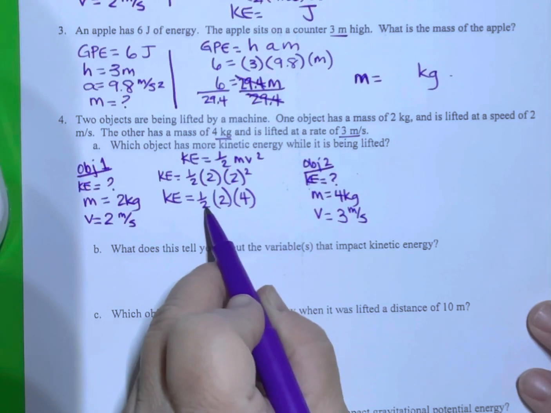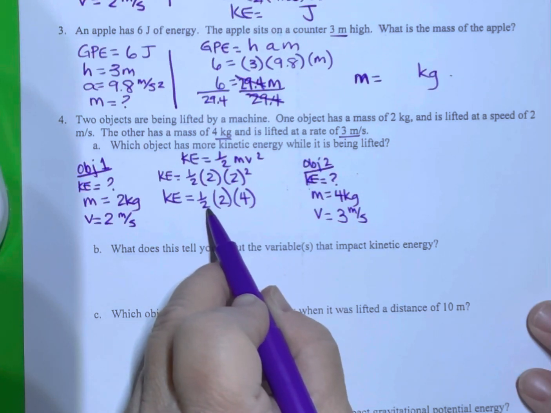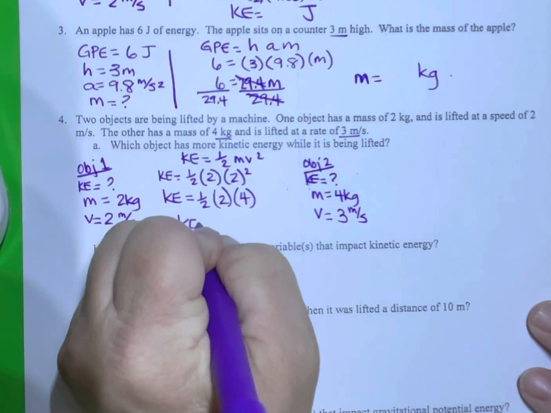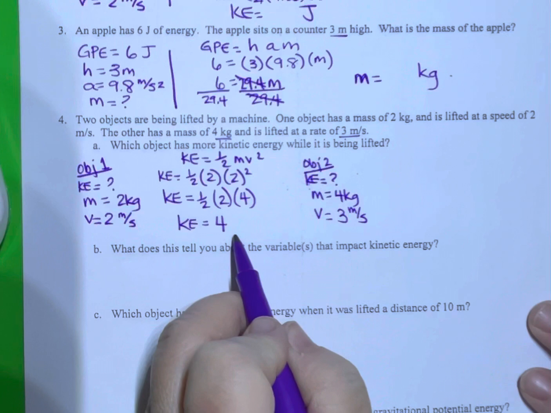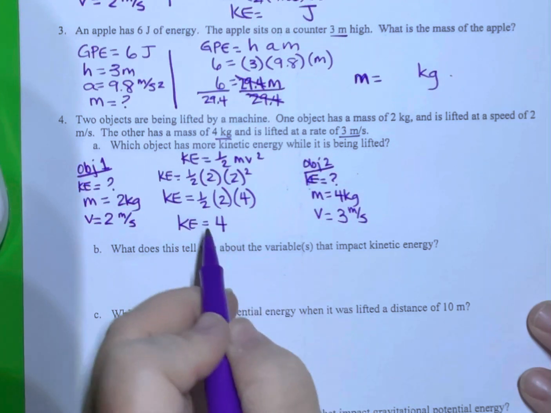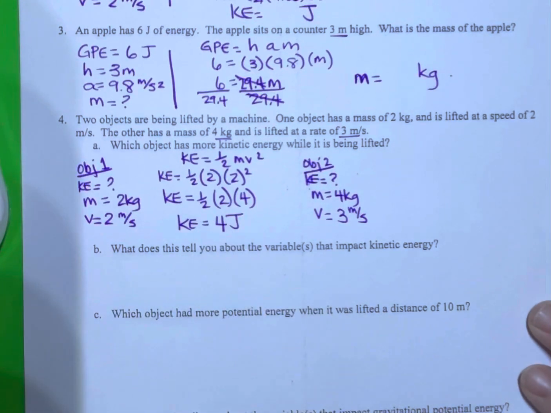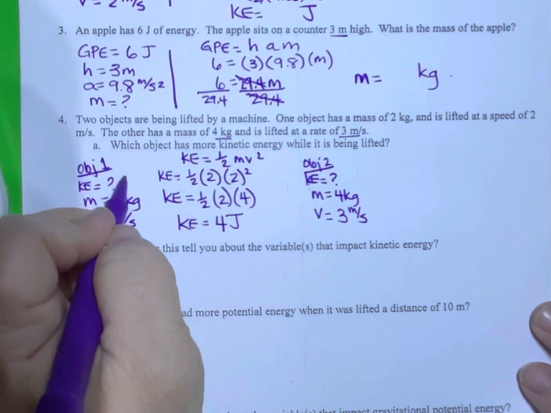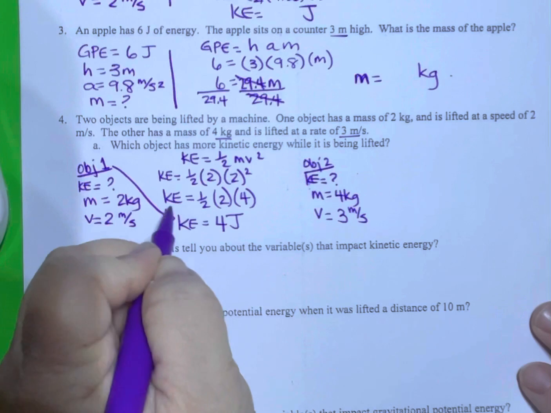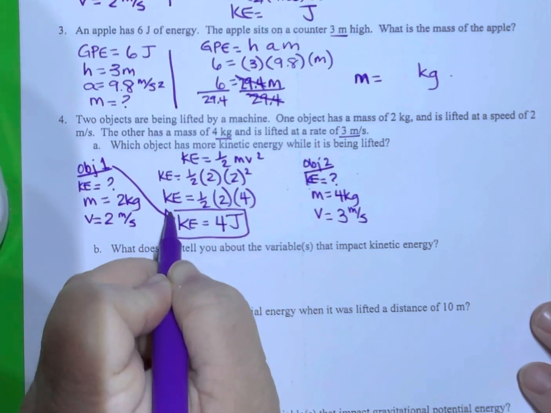And then 8, what is half of 8? 4. So the kinetic energy here is equal to 4. And what's our unit for energy again? A capital J, right? So for object 1, our kinetic energy is 4 joules.